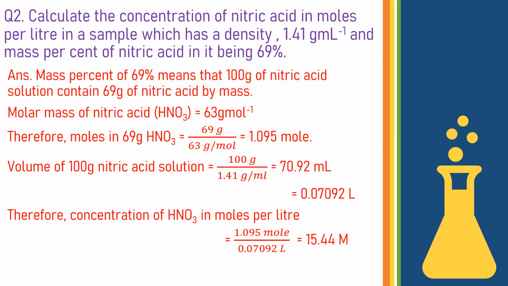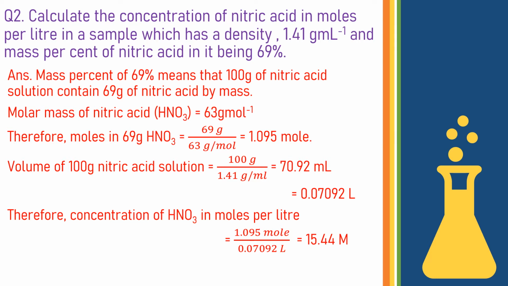We have to divide mass by density, because we know that density is equal to mass by volume. So here we divide mass, that is 100 gram, by density, that is 1.41 gram per milliliter. So after dividing both of them, we get 70.92 milliliter. So when we convert it into liters, how much do we get? 0.07092 liters, means 70.92 divided by 1000.